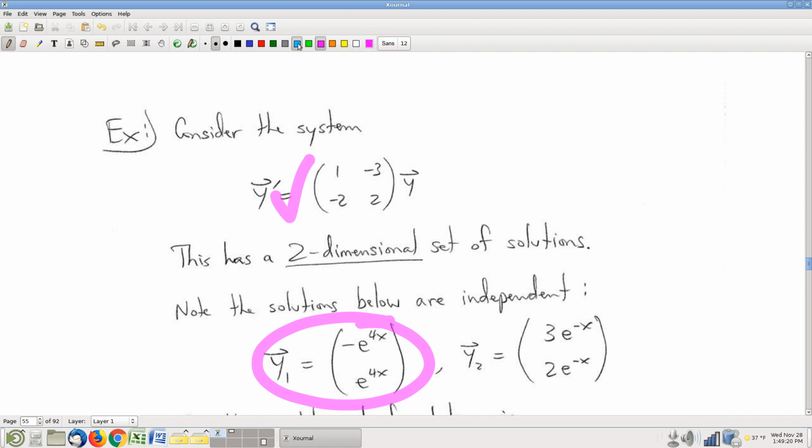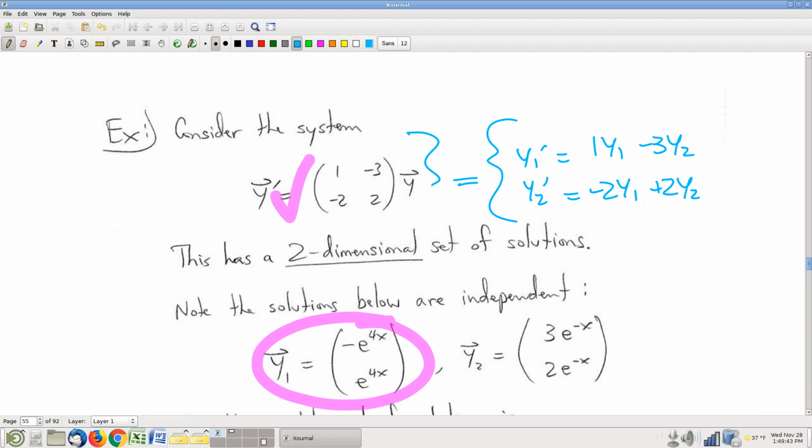Don't forget that this system could be rewritten explicitly as y1', y2', where these derivatives are 1y1 minus 3y2, and then minus 2y1 plus 2y2. So that matrix equation is the same as this system of first-order equations.